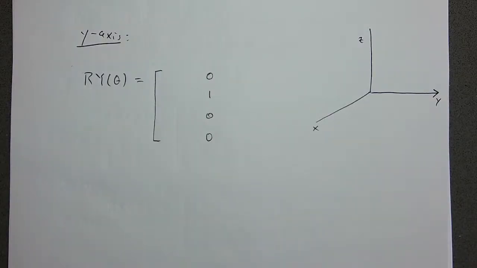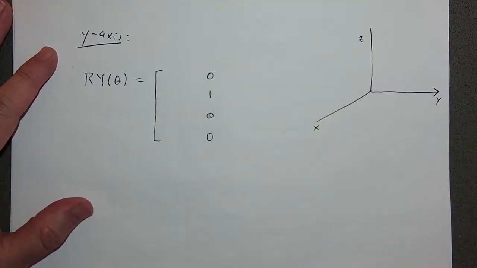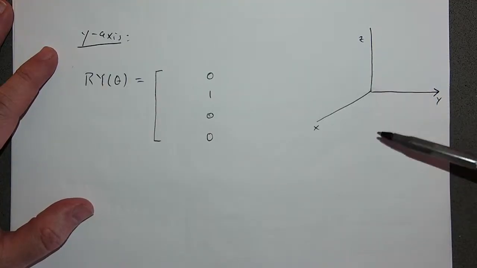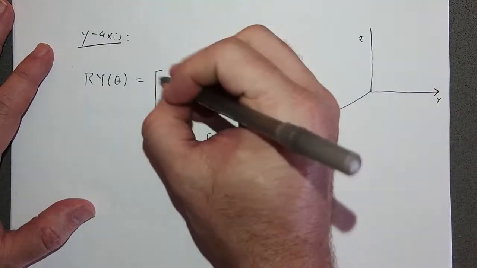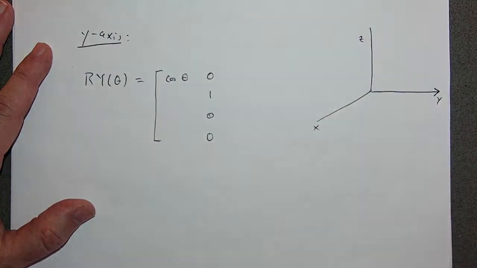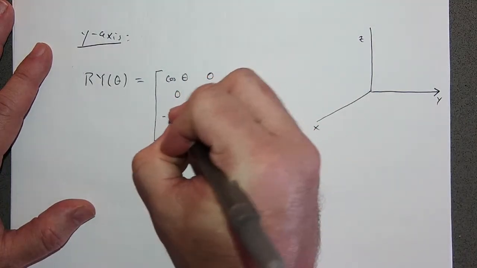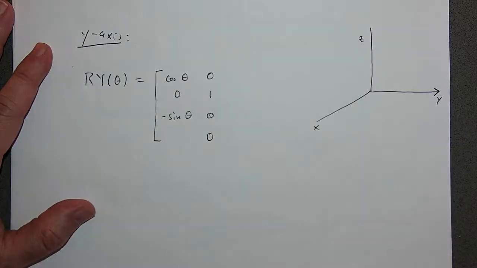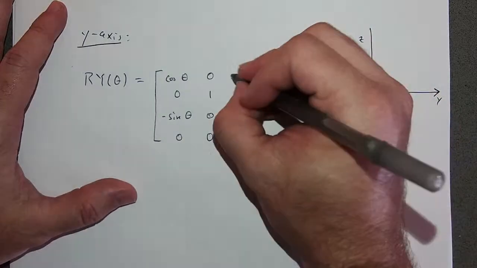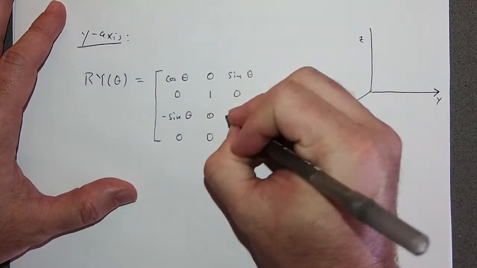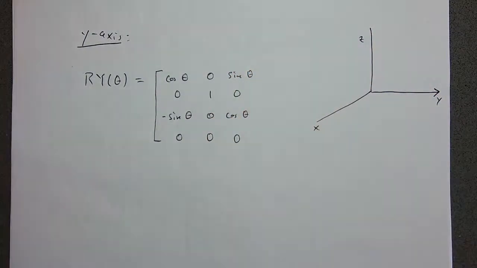The question is, what about this first column? So now z, I've interchanged these roles, right, between x and z here. So this is still going to be a cosine theta, then 0, and then minus sine theta, and then 0, and then sine theta, 0, cosine theta, 0.